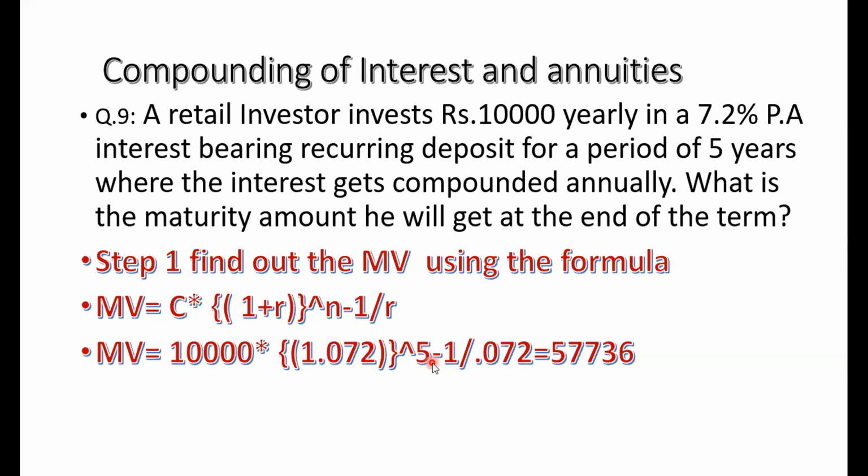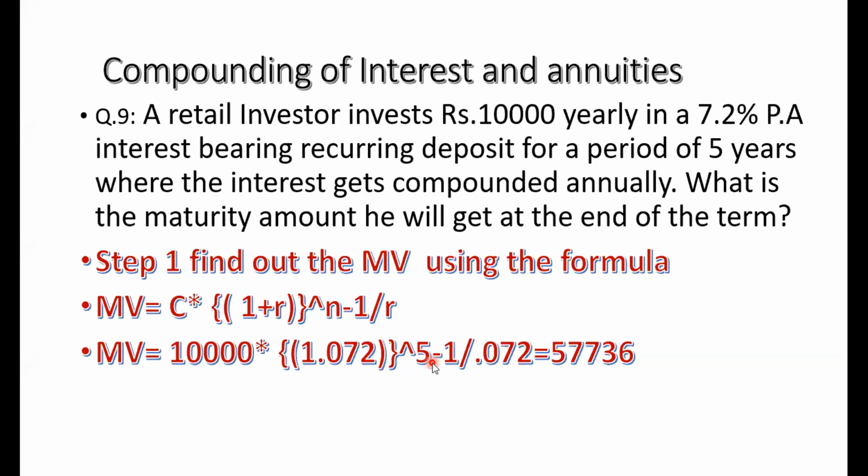So this numerator you have got as 1 plus R to the power N minus 1. Now you multiply this with 10,000. If you multiply with 10,000, you will get 4,157.087. Then divided by R; here you have to put it in decimal, 0.072.